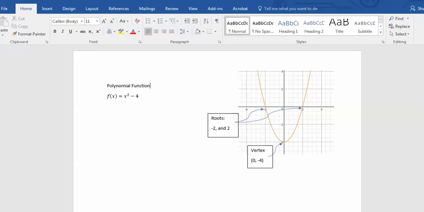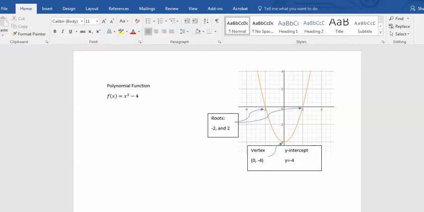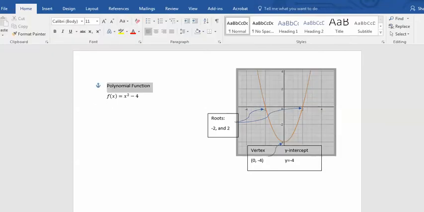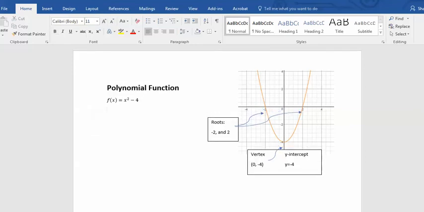And that's also my y-intercept there, so maybe I'll add that in with the vertex, and say the y-intercept is at y equals -4. So maybe that's how I want to show my key features. If you want, you can do it like that. It's totally your call. Okay, so that's my polynomial function.